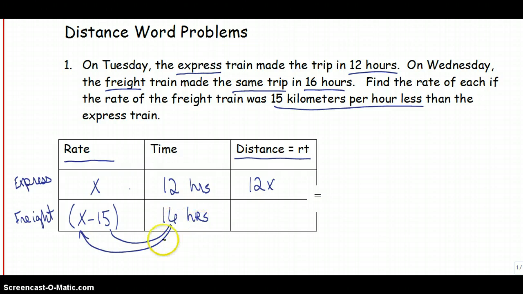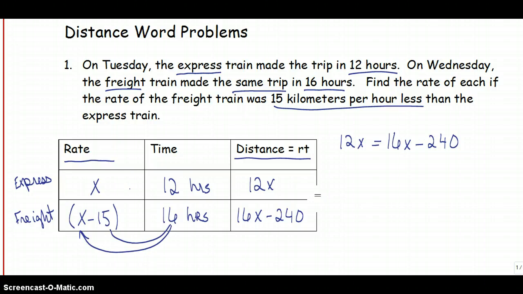So 16 times positive x gives me 16x. 16 times negative 15 gives me a negative 240. So I've already got my equation. I know that 12x is equal to 16x minus 240.